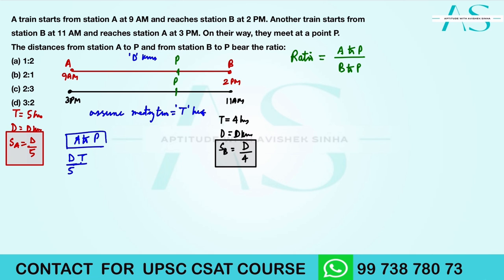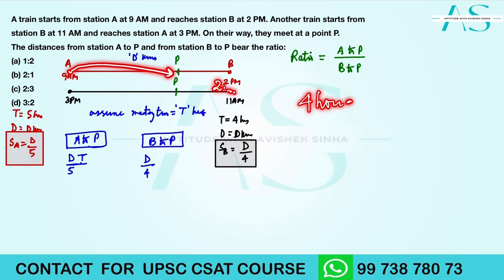Okay, what is the distance from P to B or B to P? The other train is traveling at a speed of d by 4, at this speed for how many hours? Look, if they meet after 4 hours, let's suppose, then this train is running for 4 hours, but this train started 2 hours later, so it is not traveling for 4 complete hours.